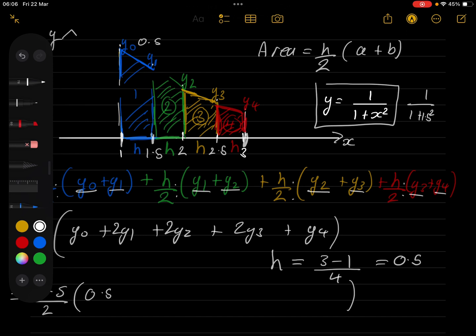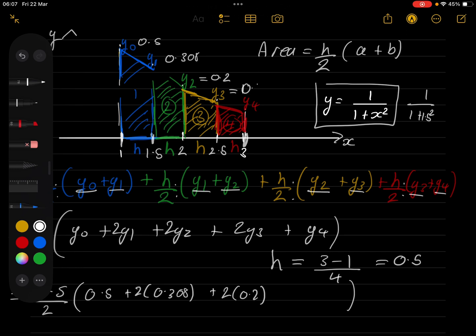Typing it into a calculator, we would get approximately 0.308. So plus 2 lots of 0.308. And then repeating with x equals 2, that would give a y coordinate of 0.2. So our y2 value is 2 times 0.2. If we put in an x value of 2.5, the y value comes out to be approximately 0.138.